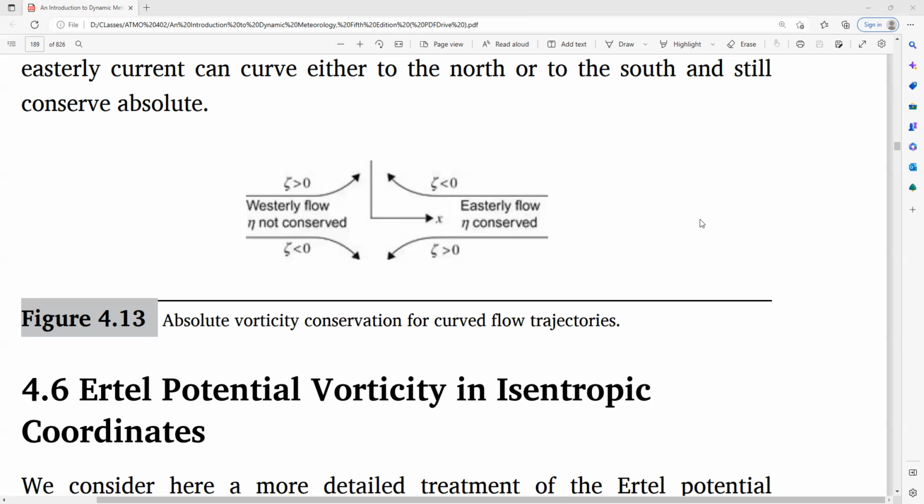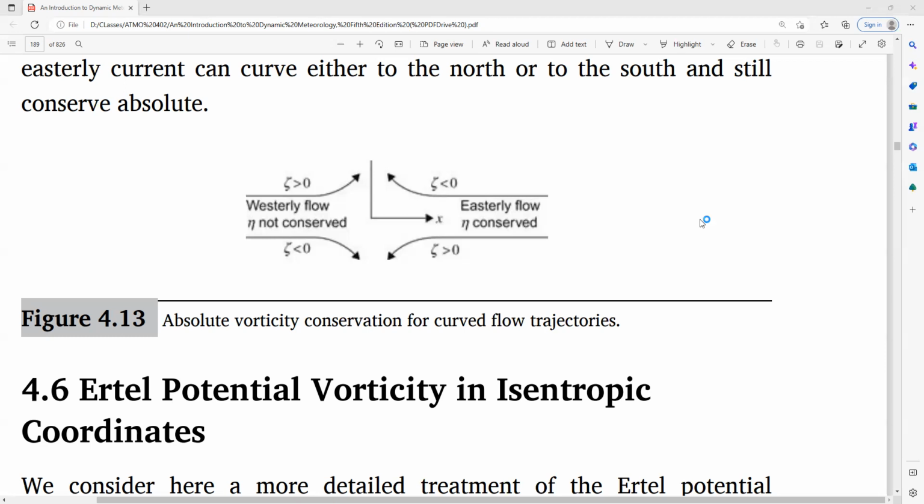And for the conservation of potential vorticity, if the flow is horizontal without divergence, then the relative vorticity plus the planetary vorticity will be a constant. If it is a constant, then it has implications for the eastern flow and western flow. The situation is different, but the key is we need to understand what the assumptions are here.